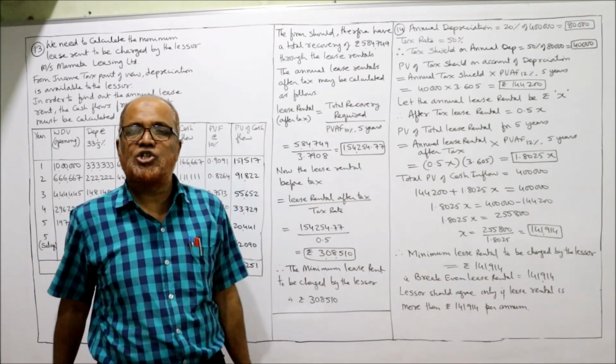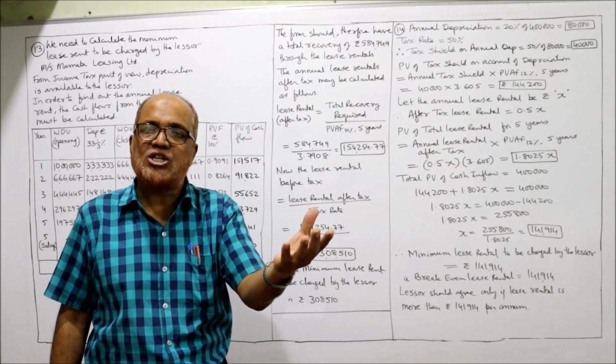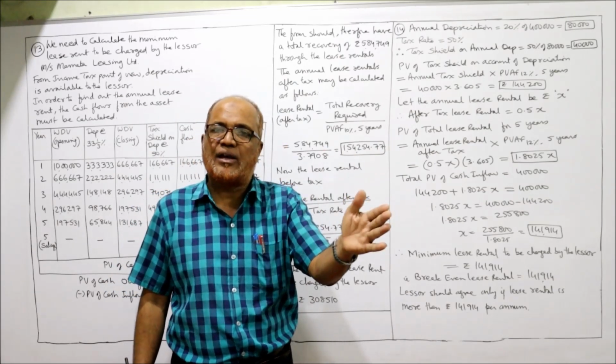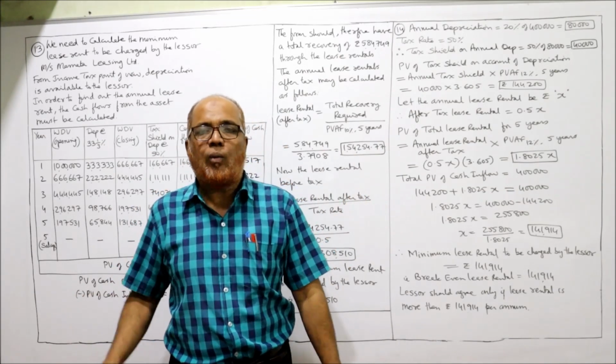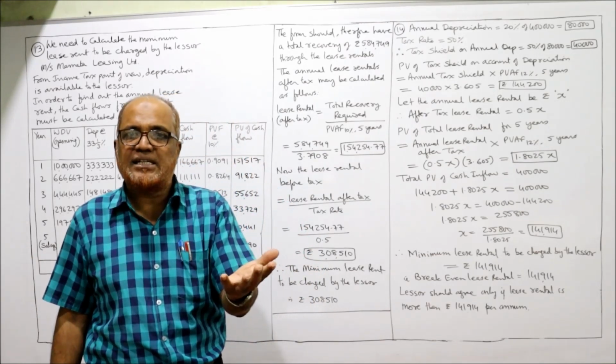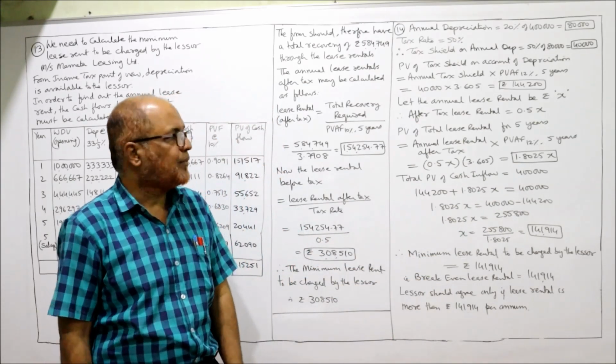Now the break-even point is the point at which the present value of cash inflow and the present value of cash outflow are equal. What is the cash outflow? The cost of the asset, 4 lakh.